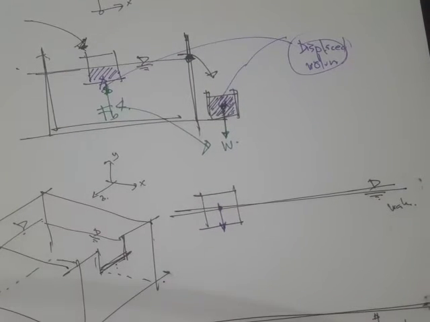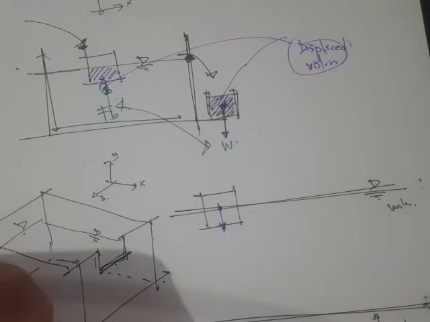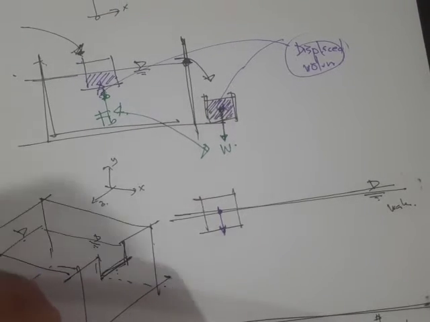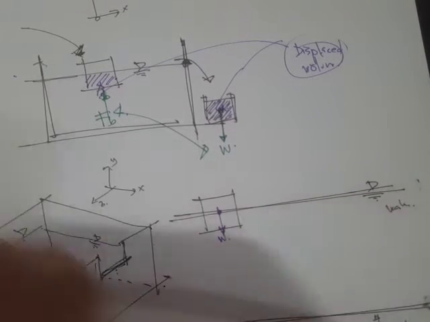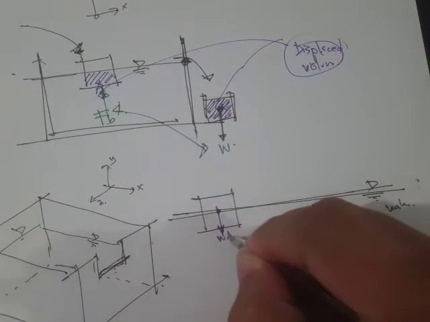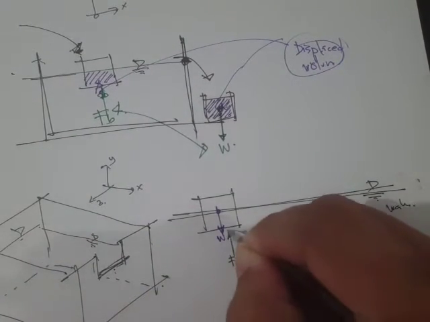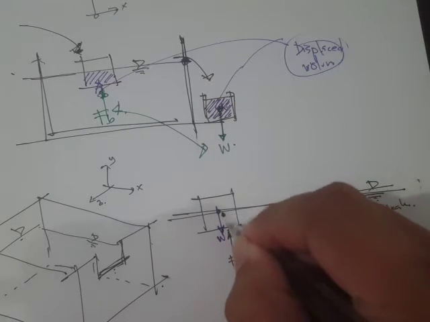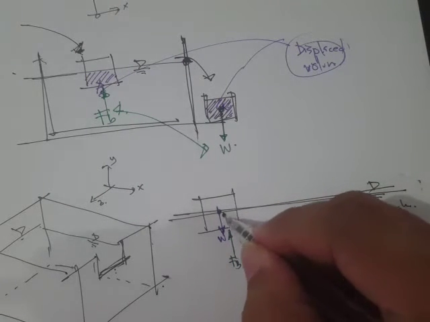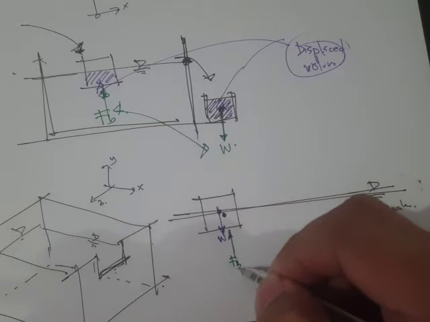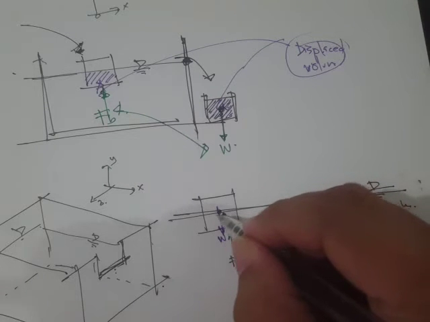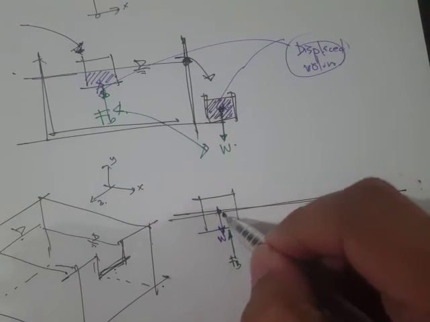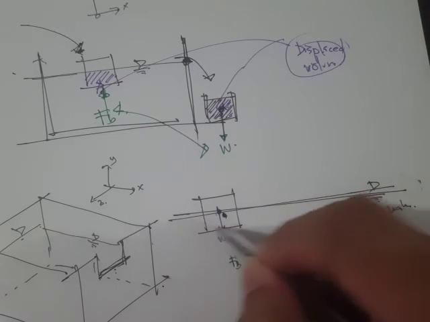We have learned already that the buoyant force is equal to the weight of the displaced volume. So let's say we have F sub B right here, which should also act at a centroid. The centroid where the buoyant force is acting can be concentric to this or can be different, depending upon the shape, of course.